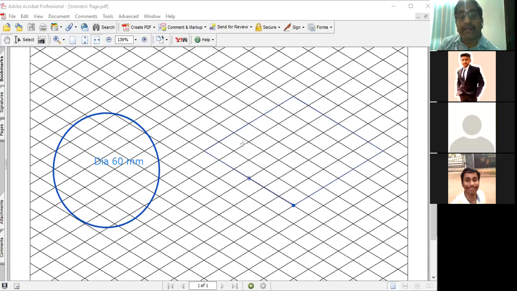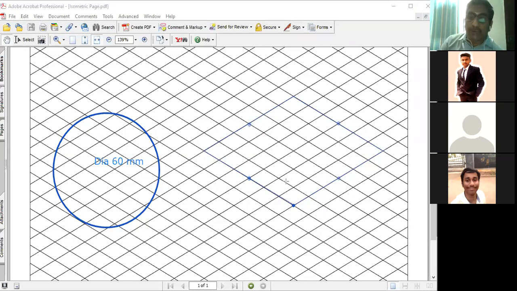Okay, and here 10, 20, 30. This is the midpoint of this side, and here this is the midpoint for this side. 10, 20, 30, and 10, 20, 30. This is the midpoint of this side. Right. Now you draw the midpoint for each and every side.